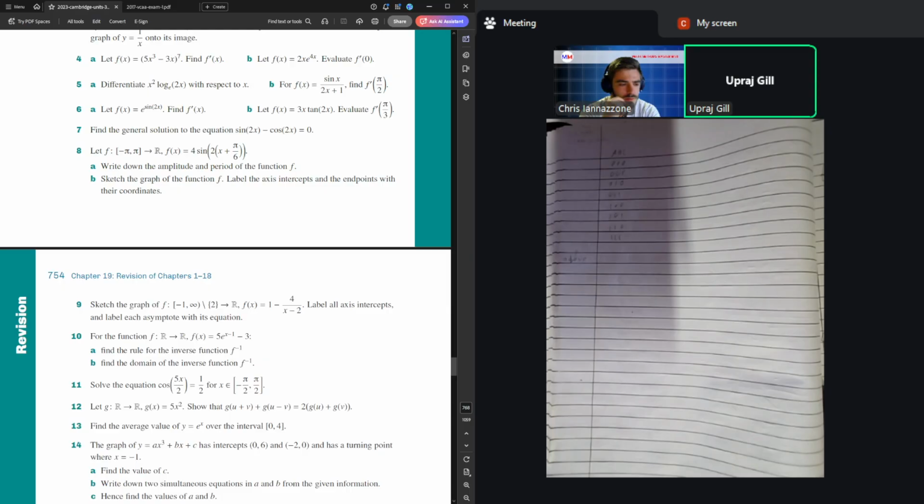Is that only with sine though? I'm guessing only with sine. I think it would be valid with cos, right? I don't actually know, because sine and cos are just shifted horizontally from each other, pi over two. It could be valid with cos.